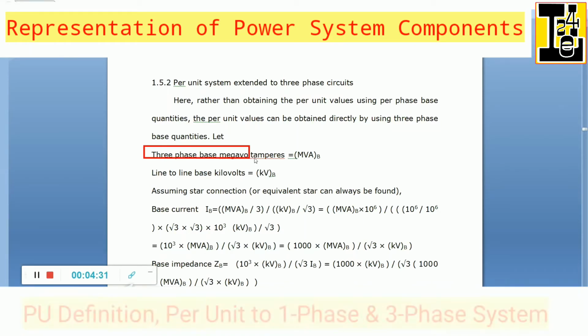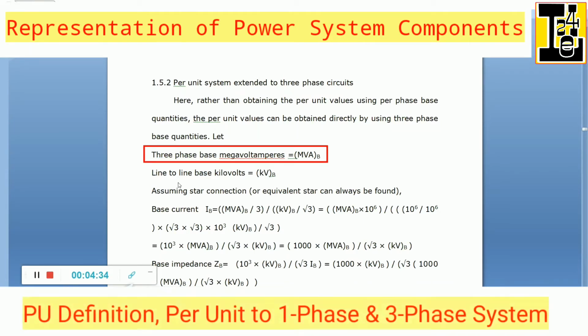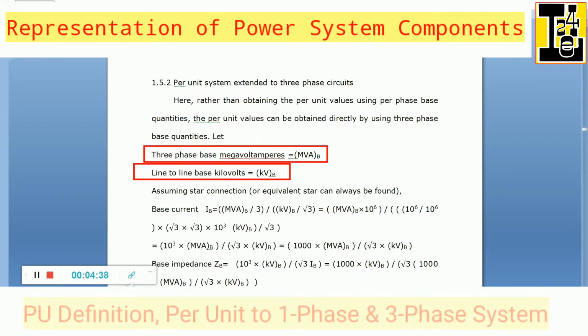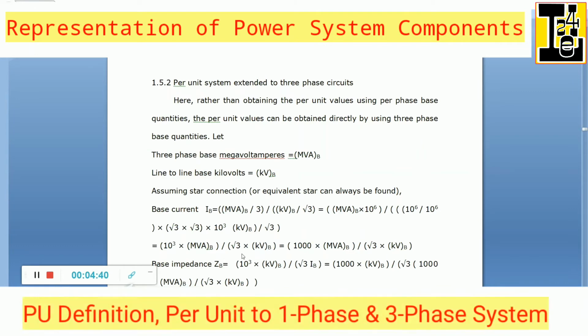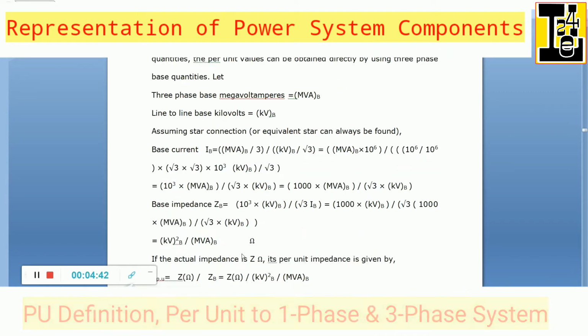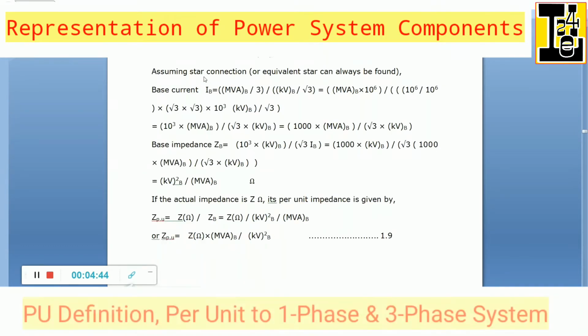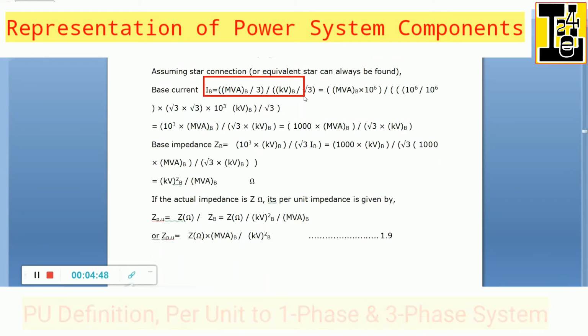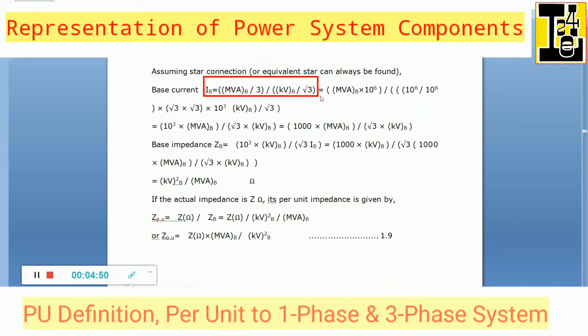Let the three phase base volt ampere be MVA base, and the line to line base kilovolts be kV base. Assuming the star connection or the equivalent star, base current is equal to MVA base divided by 3, whole divided by kV base divided by root 3.